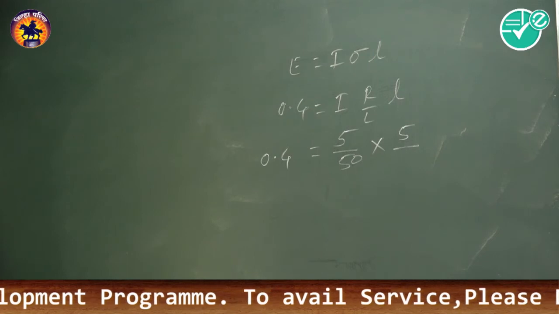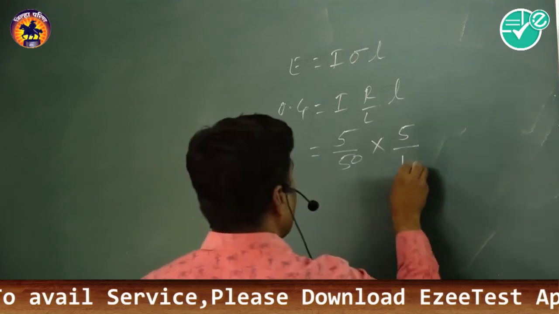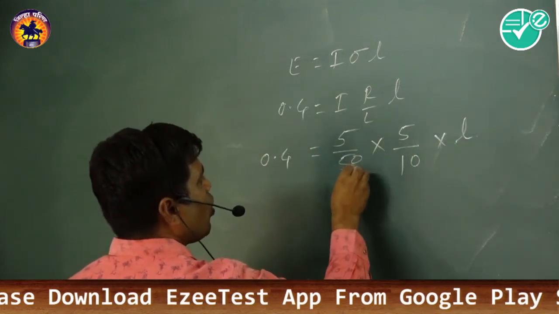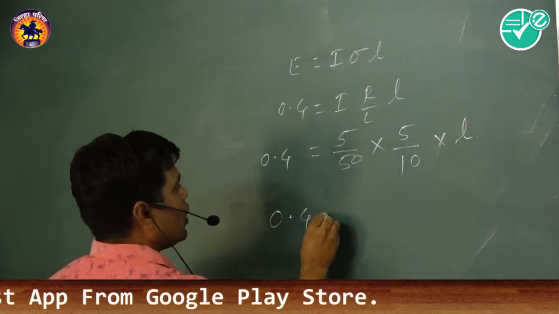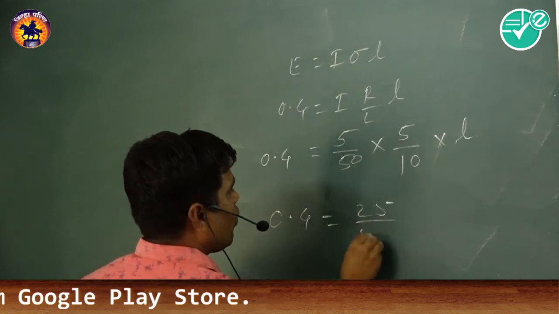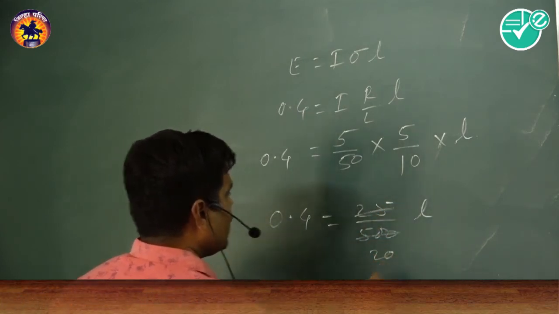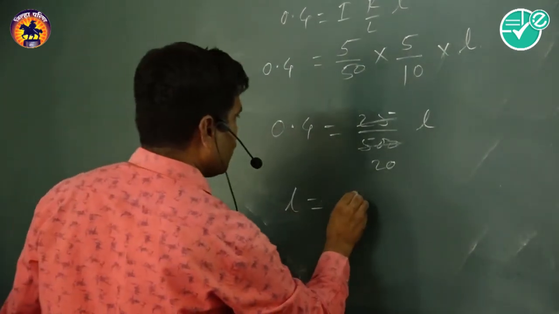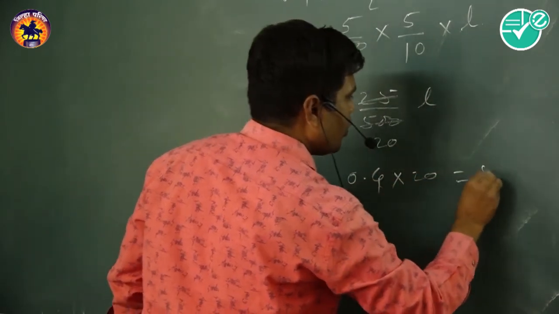So from this data, if you solve this problem, 0.4 equals 5 upon 50 into 5 upon 10 into L. So it will be 20 and L is equal to 0.4 into 20, which is equal to 8 meter.